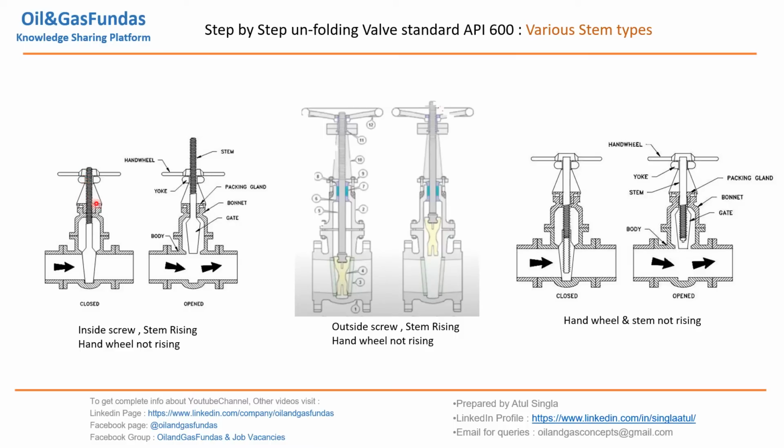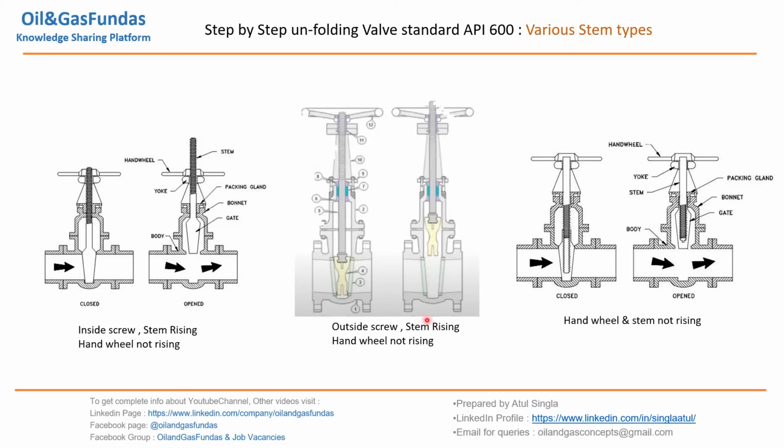If you see, these screws are going inside. Inside means it is entering into the area where the pressurized fluid is there, so it is inside. If you see here, outside screw, the screw is not entering into the pressurized part where the fluid is moving.